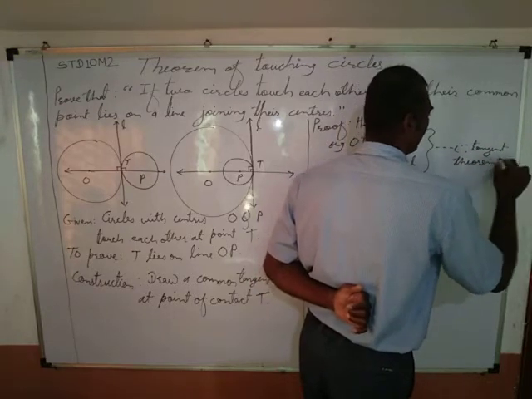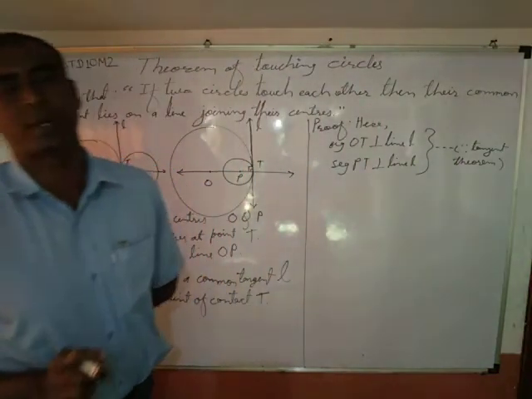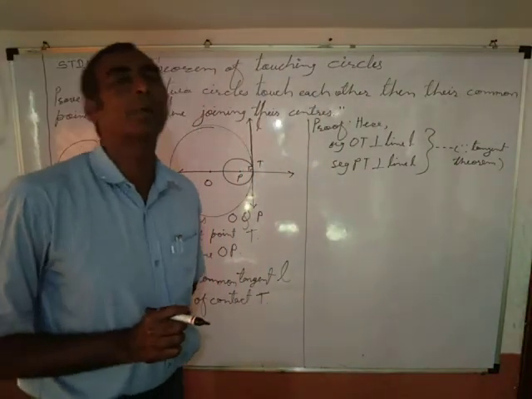According to the tangent theorem, a tangent is perpendicular to the radius at the point of contact.